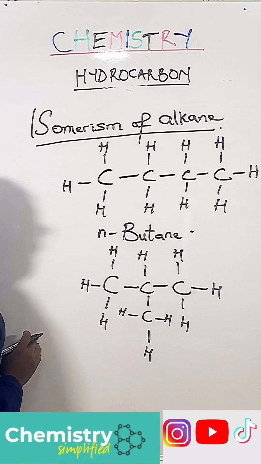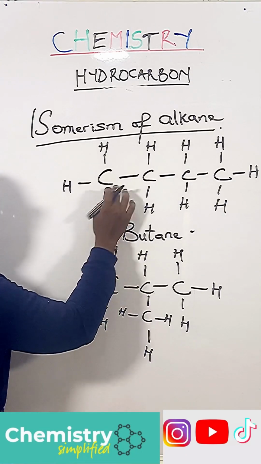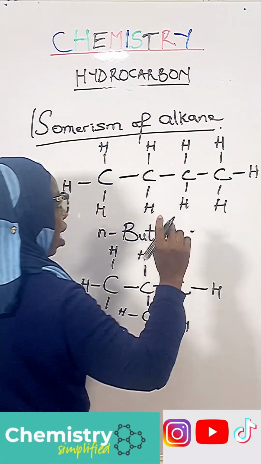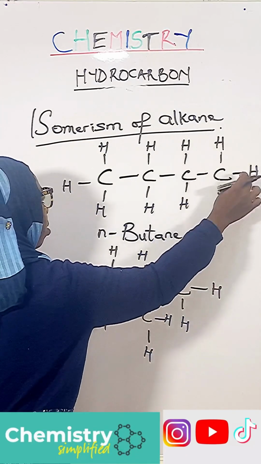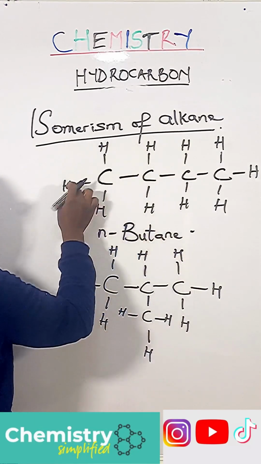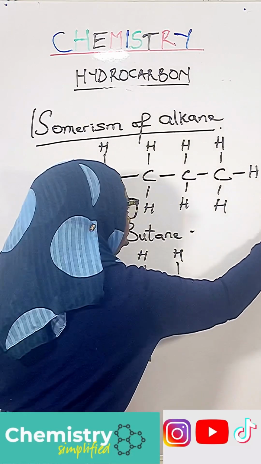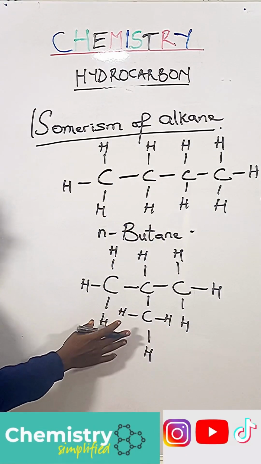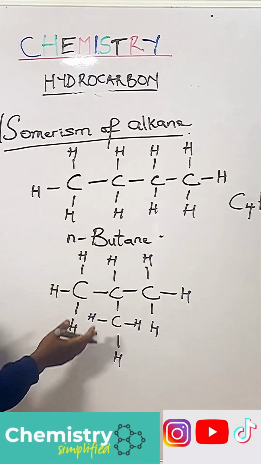Now let's count the number of carbon atoms in butane. 1, 2, 3, 4. We have C4, right? Let's count the number of hydrogen. 1, 2, 3, 4, 5, 6, 7, 8, 9, 10. So our hydrogen is 10. C4H10. Am I right? So let's go down here. You can see that the structure is quite different.